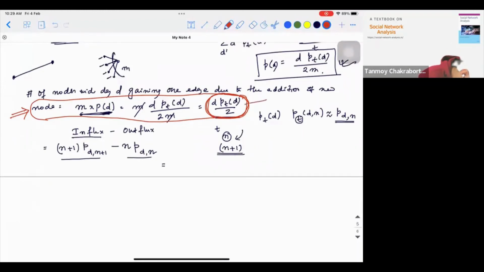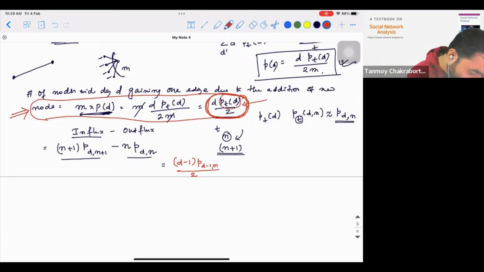So here I replace d by d minus 1. So d minus 1, P d minus 1 comma n, by 2.